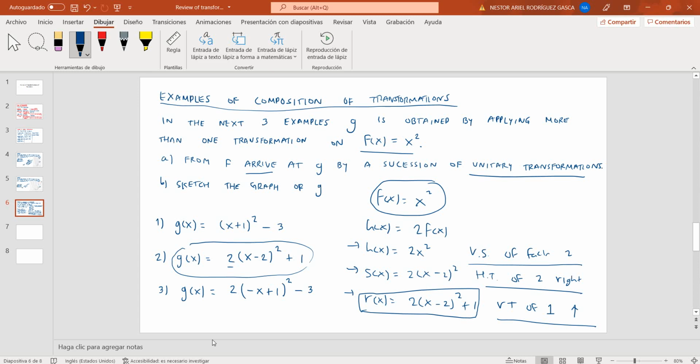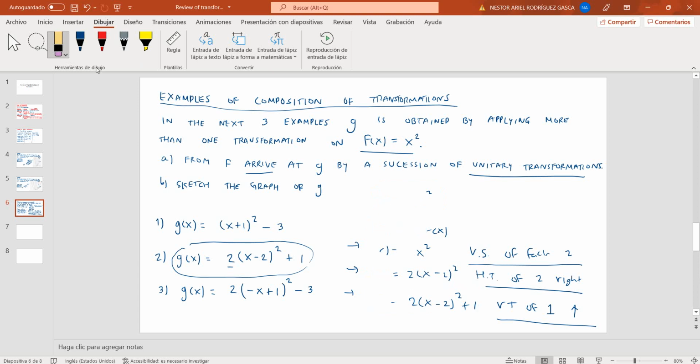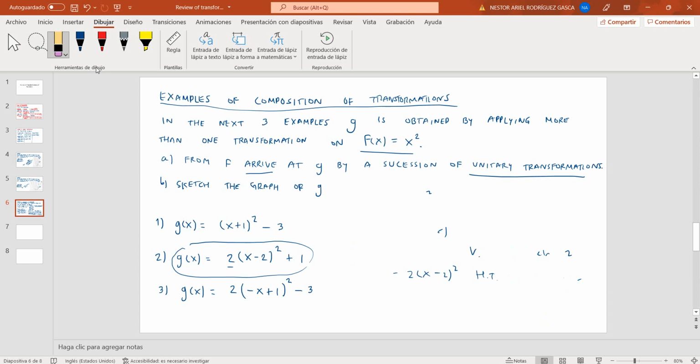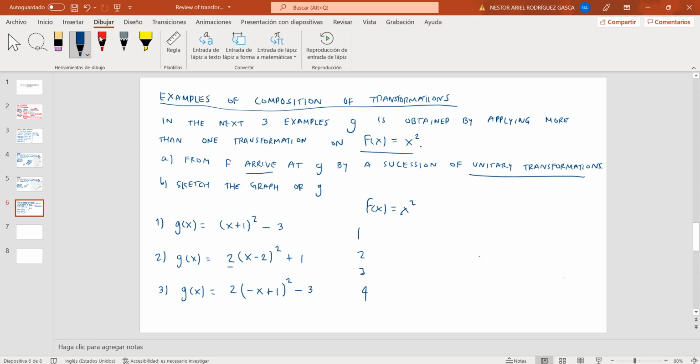That's how it works. Now, just as an exercise, I leave you this one. Let me give you the answer for this one. I'm not gonna do the whole thing. I want you to do it, and just let me tell you the answer. What's happening in here? In order to go from this function f to this function g, what are you supposed to do? 4 transformations are taking place.